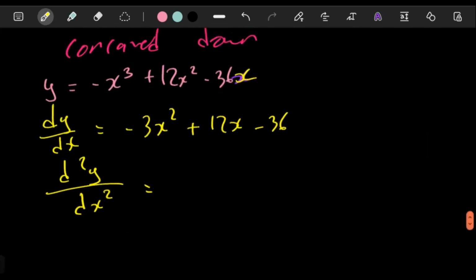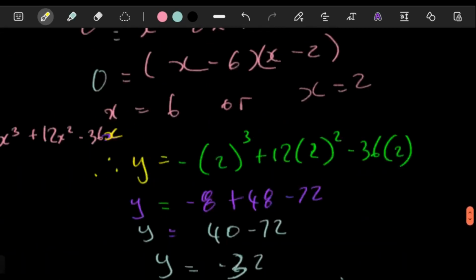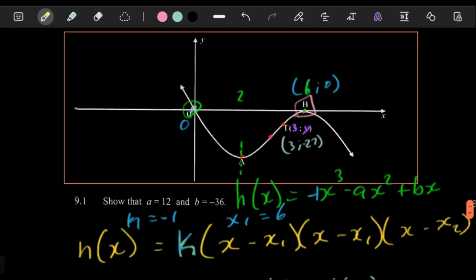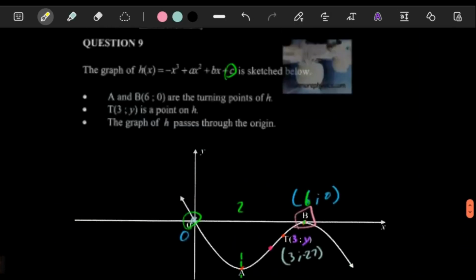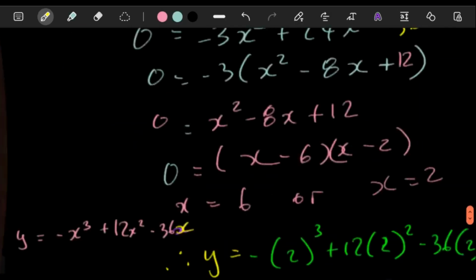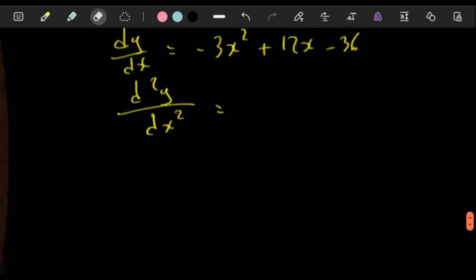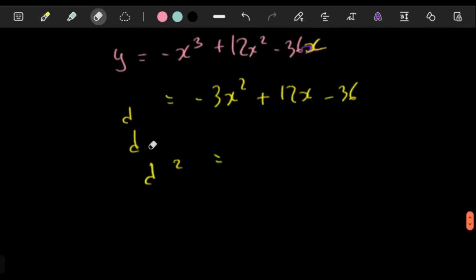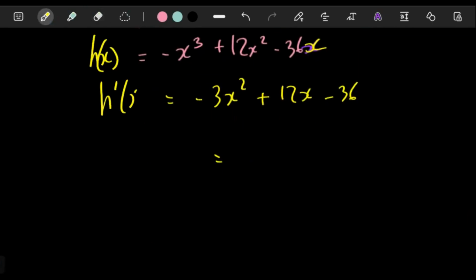So that you don't get caught in the mud of all this, this is written as h of x, so let's just refer to it as h of x, so that when you're differentiating once, twice, it's easier to see. So here it's negative 6x plus 12.